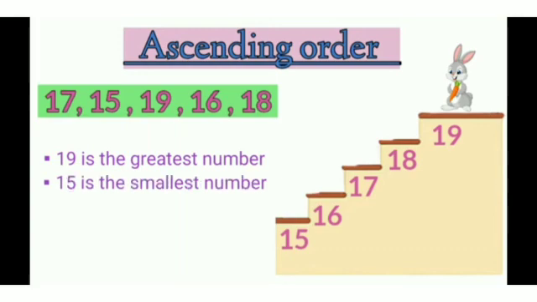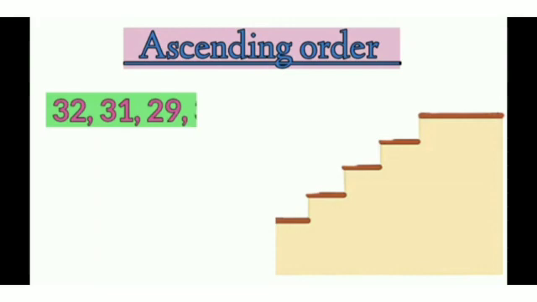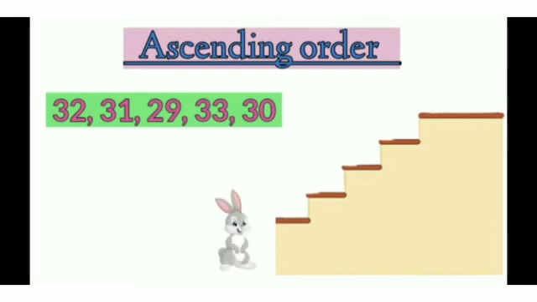Let's arrange the next group of numbers in ascending order. The numbers are 32, 31, 29, 33 and 30. Let's start to arrange these numbers in ascending order. Which is the smallest number?